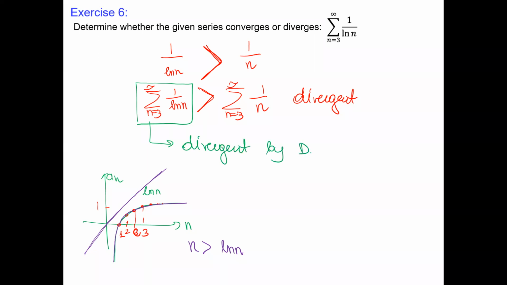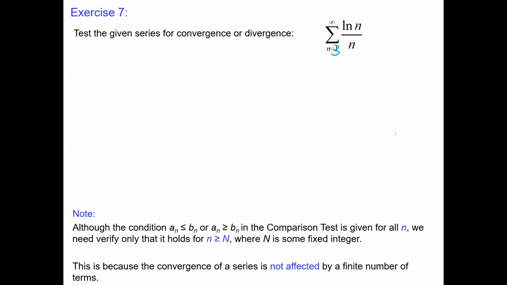Divergent by direct comparison test with the beautiful harmonic series starting from n equals 3. I have also this one. The same thing, I just put 3 because natural log of n, we need positive terms.